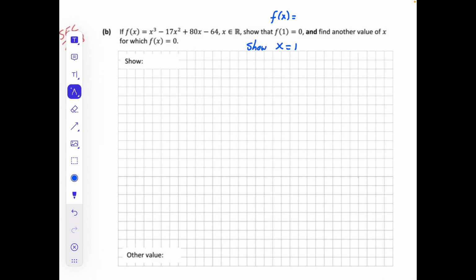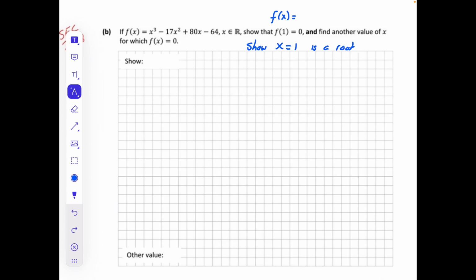When something is equal to 0, we know that it's a root. So how I'd read that is, what's in the bracket is the x, and I want it equal to 0. Basically what that's saying is show that x equal to 1 is a root, and then find another value of x for which f of x equal to 0. That's the second part. We will come to that.